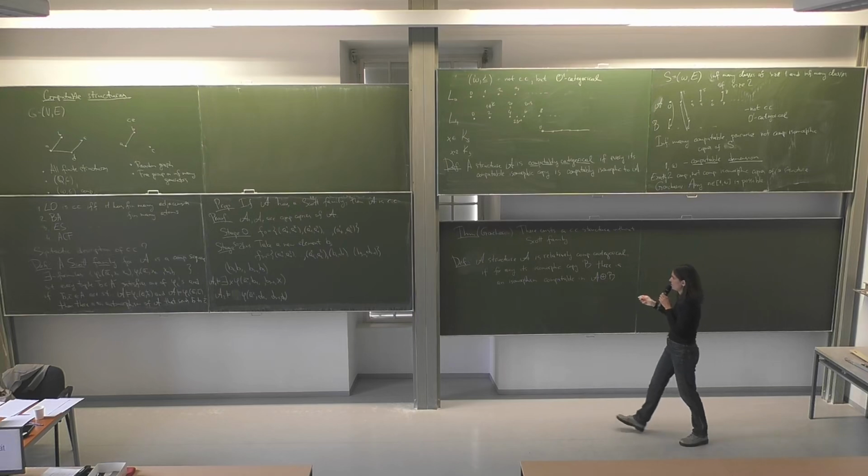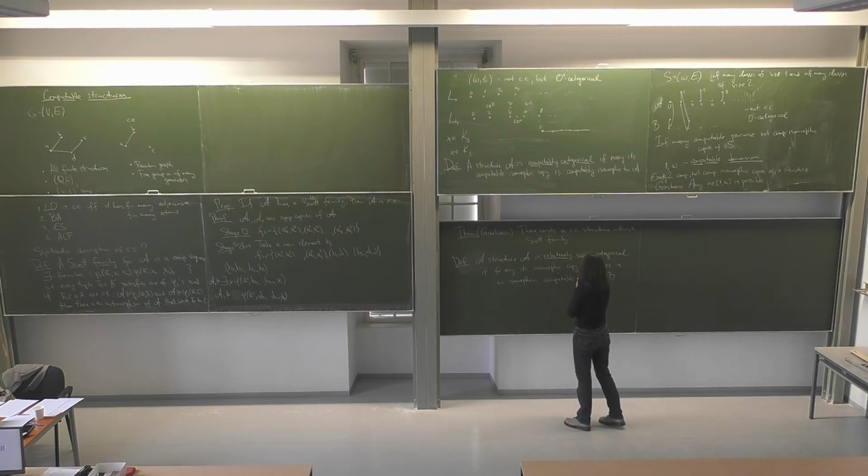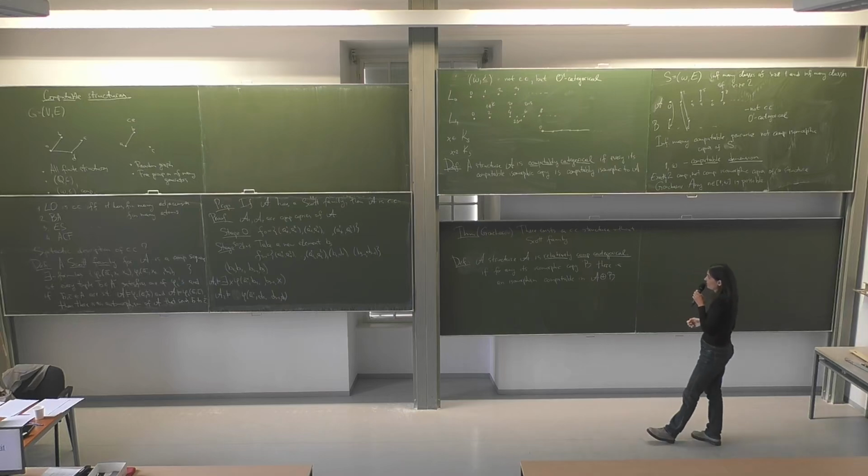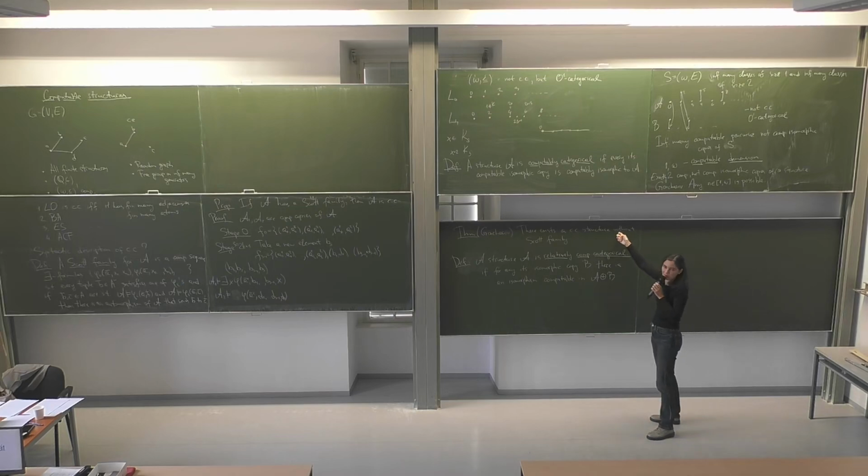Okay, so relative computable categoricity is a stronger notion than computable categoricity, in particular because of this. So this practically shows that there exists a structure that is computably categorical but not relatively computably categorical. The reverse always holds. If we have a relatively computably categorical structure, then it is always computably categorical.